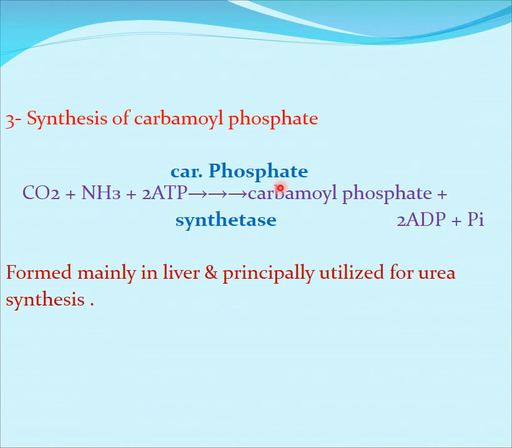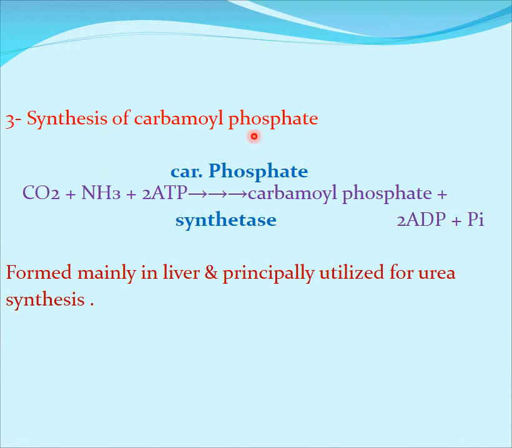This is very important. We say that the first route to deal with ammonia is converting it into glutamate by combination with alpha-ketoglutarate. The second one is converting it into glutamine by combination with glutamate. And the third important way of disposal of ammonia, and the most important way, is by synthesis of carbamyl phosphate.